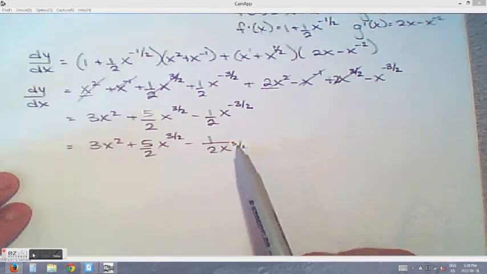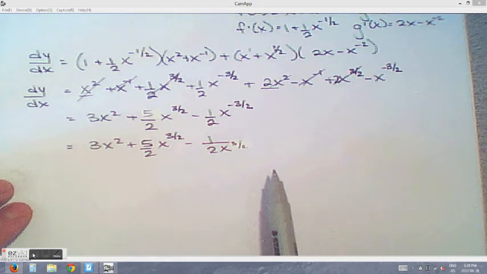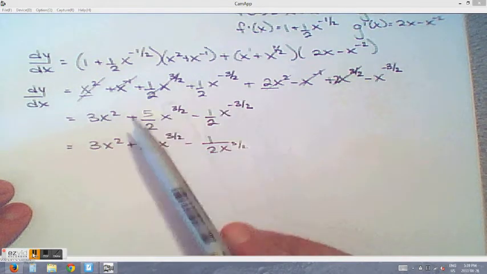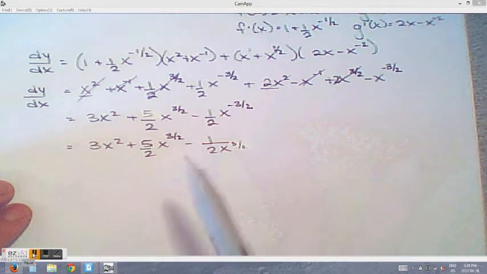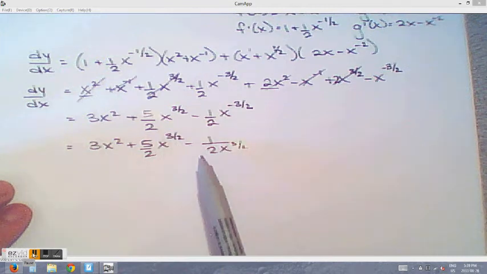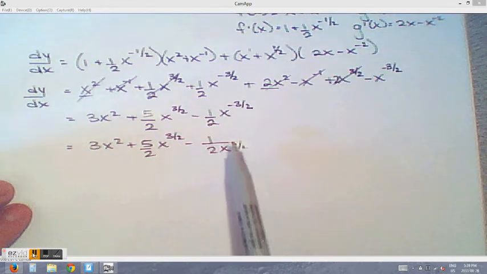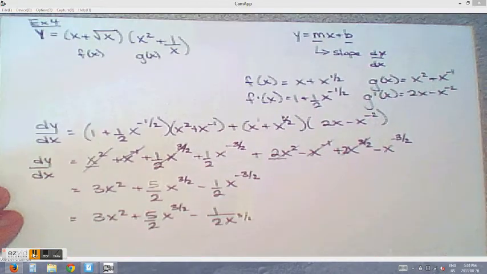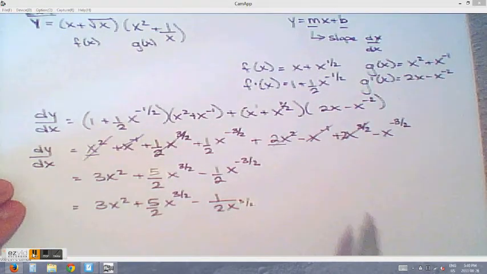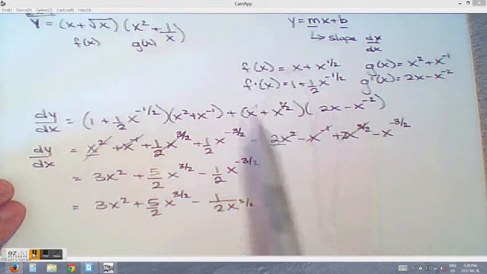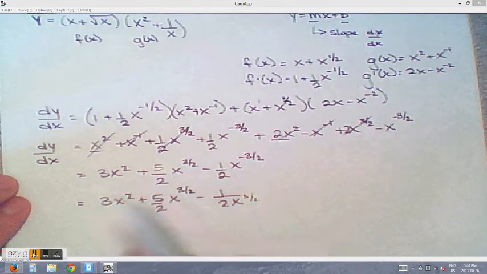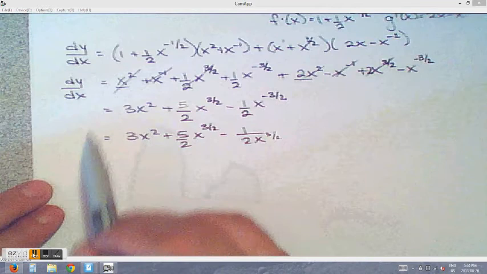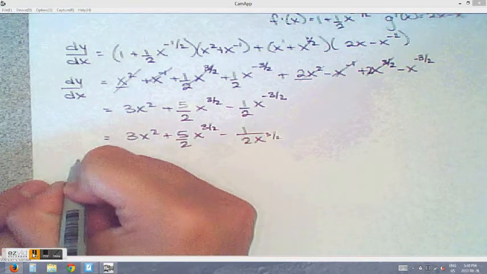In this case, I would go back and make sure you've got everything. Do I need to change that over to radicals? I probably should. But in this case, we're actually going to evaluate the slope, so you don't necessarily need to, because you could just punch that into your calculator. But let's just do it for practice.